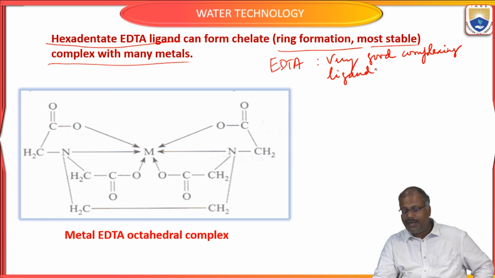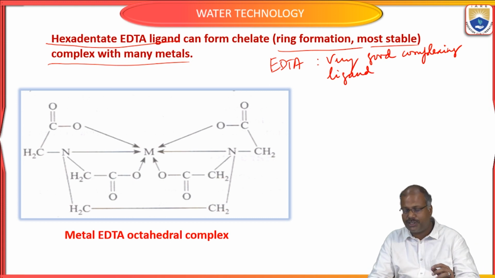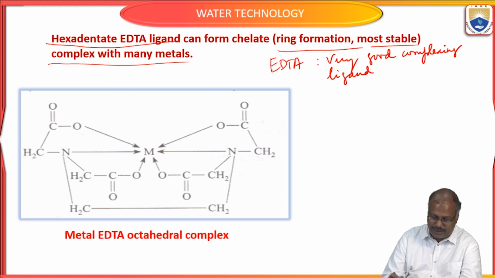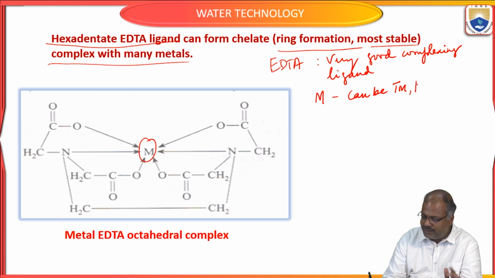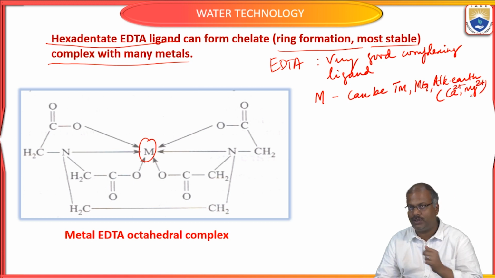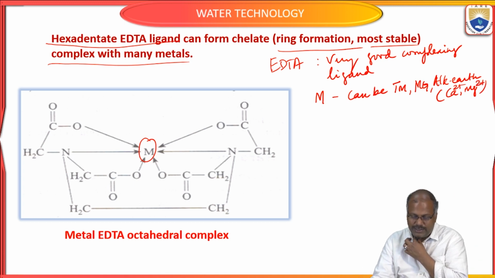It can form complexes with many metals, so we put a common M here. The metal can be any transition metal or main group metal or alkaline earth. Calcium and magnesium is what we are interested in because of water technology.